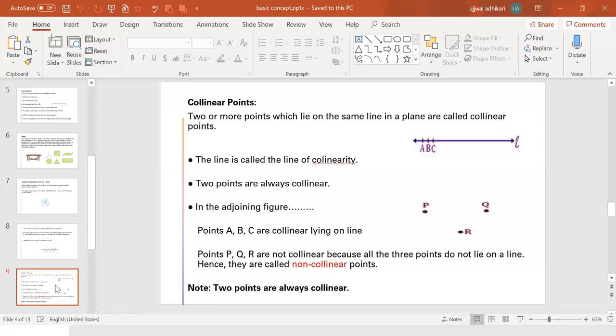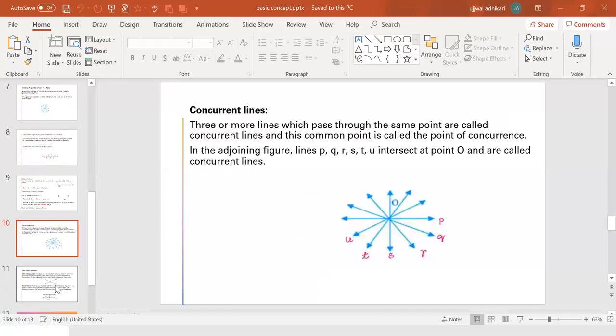Students, maybe you are clear on the concept of the collinear points. Next one is concurrent line. Concurrent line, 3 or more lines which pass through the same point are called concurrent lines.